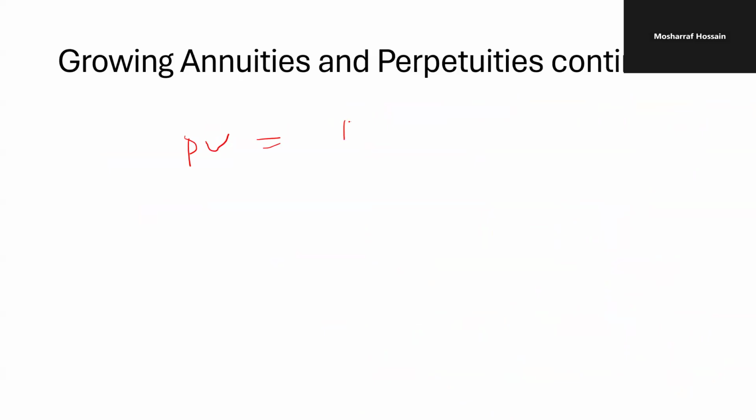So say C1 over R minus G, times 1 minus 1 plus G over 1 plus R to the power of T. Sorry, writing always gets harder on the screen.